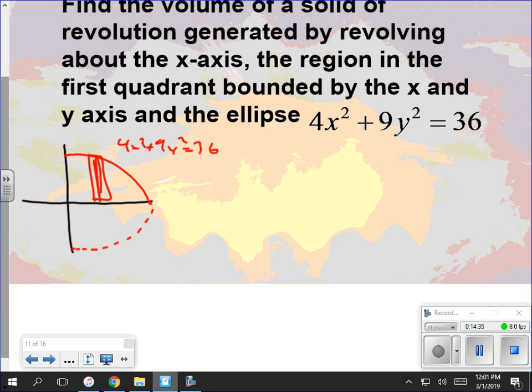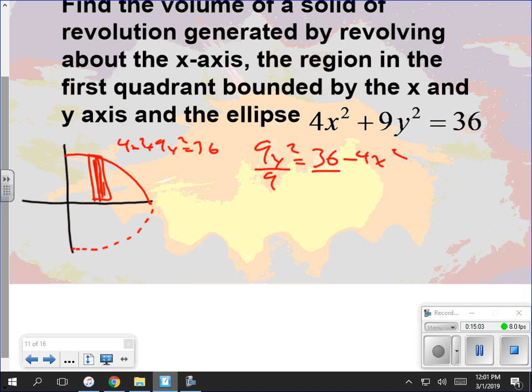Okay, so I need to have this distance here as a function of x. I can't use the equation I have. So what do I need to do? Yeah, I got to solve it for y. So subtract 4x squared from both sides. 9y squared equals 36 minus 4x squared.